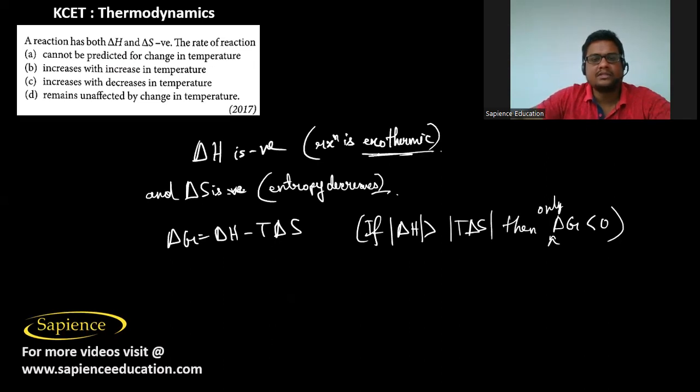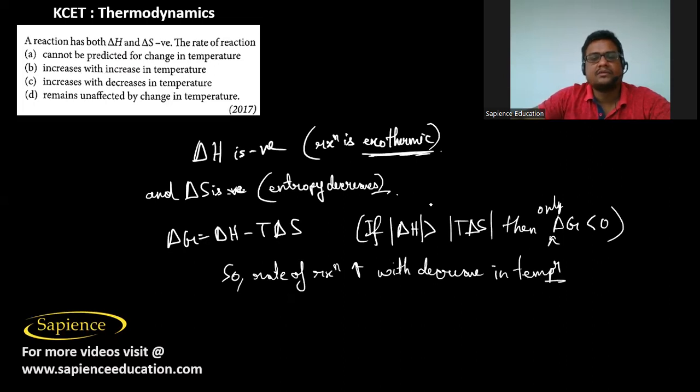Since the reaction is exothermic, the rate of the reaction increases with decrease in temperature. If the reaction was endothermic, the rate would have increased with increase in temperature.